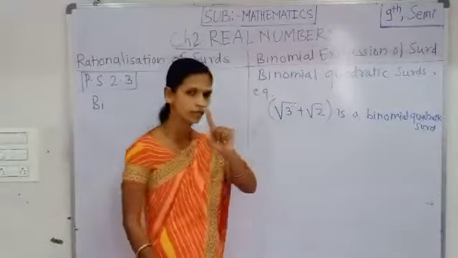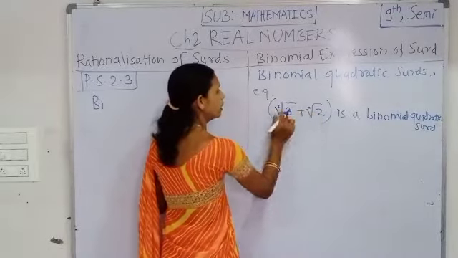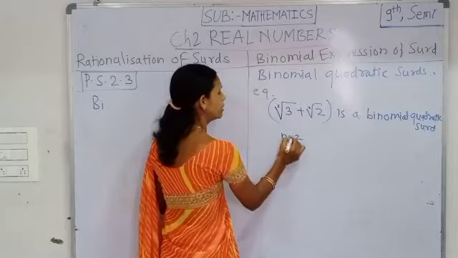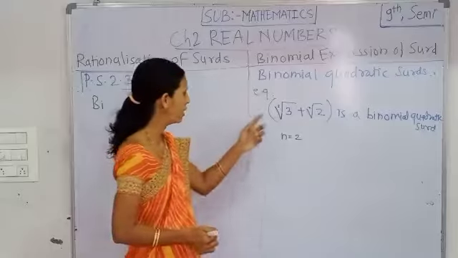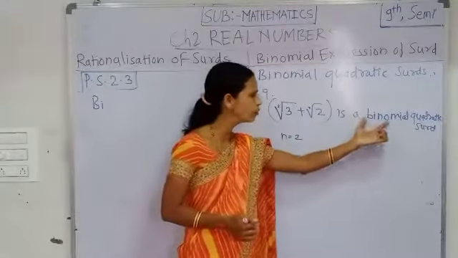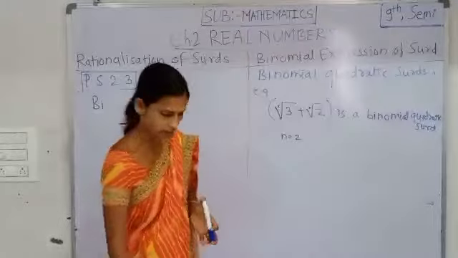It is a quadratic surd because the degree of both surds is 2. And there are two terms, therefore it is a binomial. And the degree is 2, therefore it is a binomial quadratic surd.